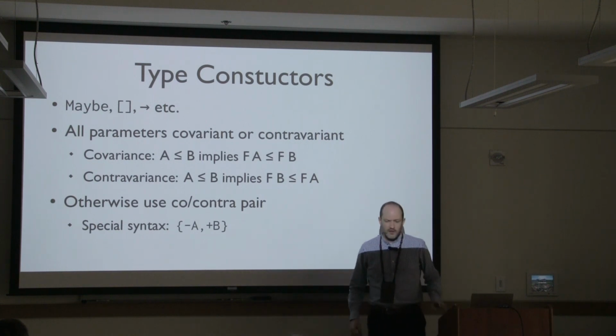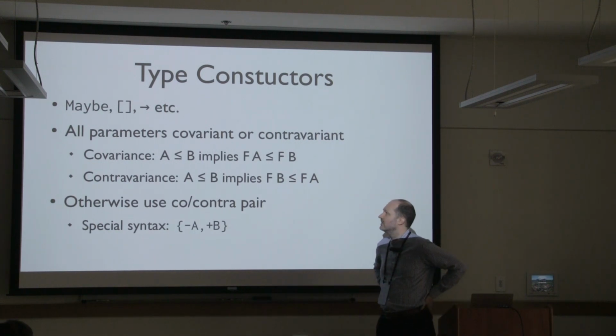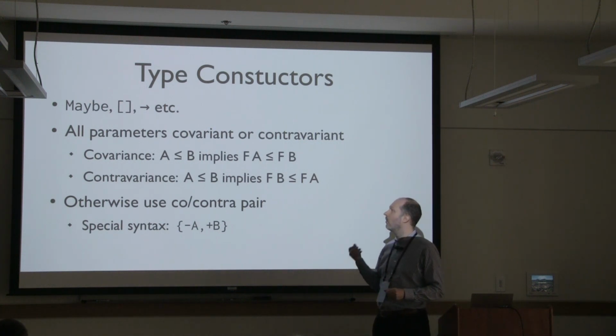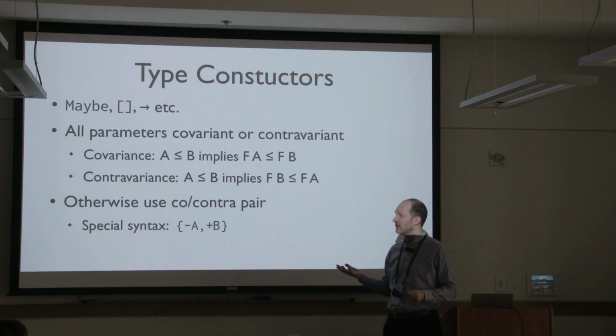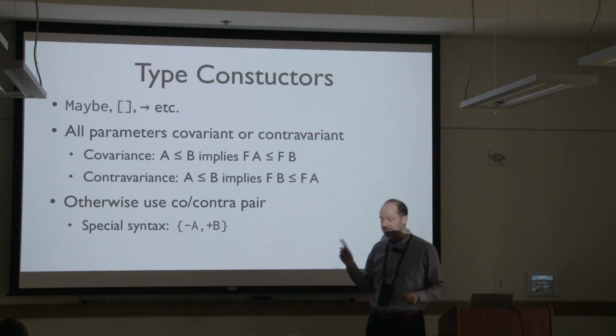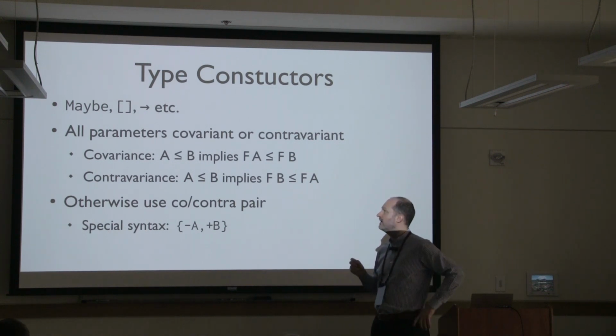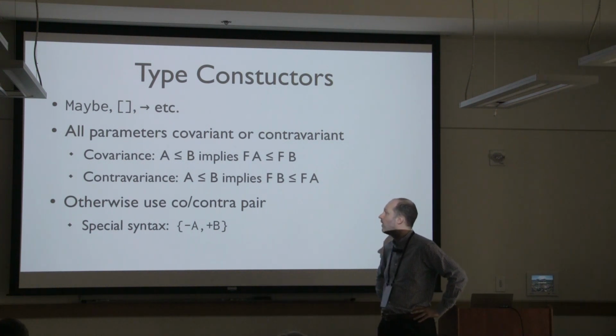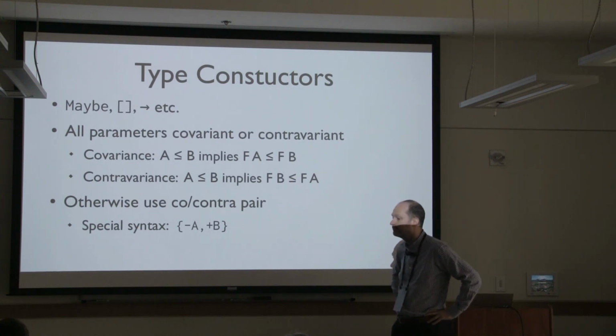Pinafore has type constructors similar to Haskell, such as maybe or list, or the function type constructor. But there's a key restriction: all type parameters to type constructors are of kind star, as ordinary types. And furthermore, each parameter must be either covariant or contravariant.